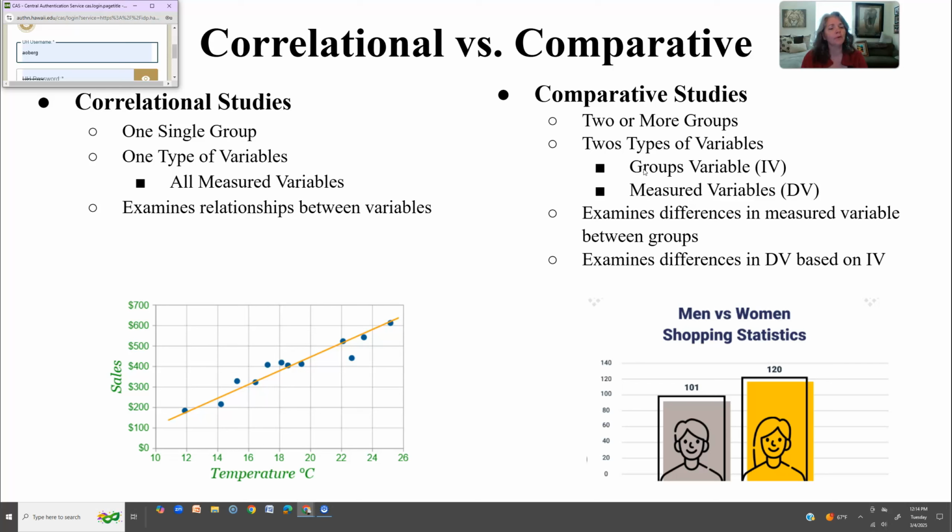Some people might refer to that as an independent variable, but IV is sometimes reserved specifically for experiments. But that said, a grouping variable, and then a measured variable or an outcome variable, sometimes referred to as a dependent variable. And what you're going to look at as a researcher is, are there differences in this measured variable between the 2 groups?